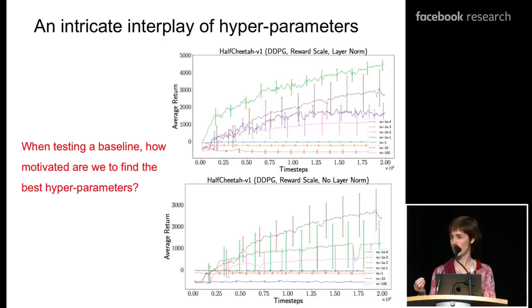Now remember, all of this which I'm discussing here isn't all the design choices that apply to your own algorithm. These are all the design choices that have to be considered and optimized for the baseline algorithms to which you're comparing your fancy new algorithm. And so I think one thing that happens in many cases is that we're not necessarily as motivated to find an outstanding performance in our baseline algorithms as we would be for our very own method.